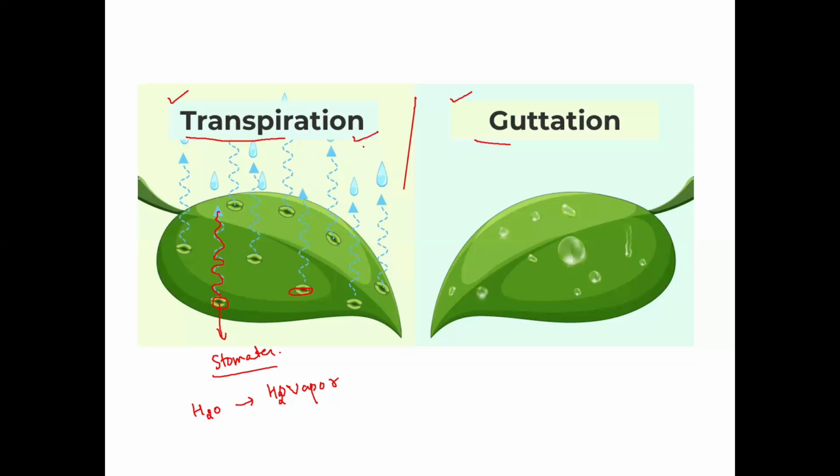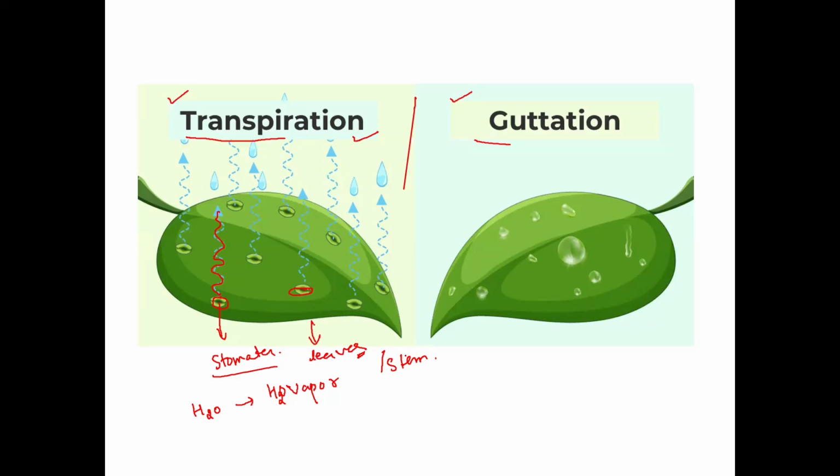So basically this is the process where water is lost from the aerial parts of the plant such as leaves, sometimes stem, mainly through stomata. It creates a suction force that pulls water up from the roots through xylem.